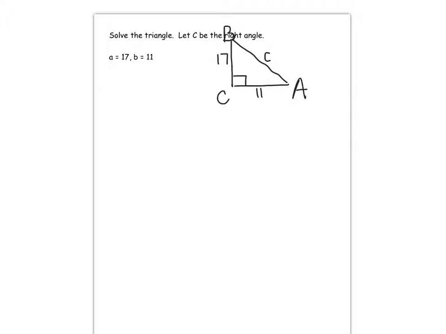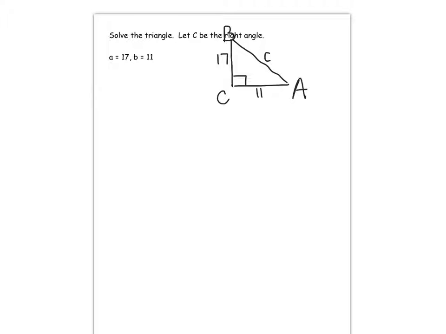Alrighty. So this time, we don't need to find one more side. We already have two of our sides. We can get the third one with the Pythagorean theorem, no problem. What we need is an angle. So our trig ratio this time is going to find an angle. Doesn't matter which angle.